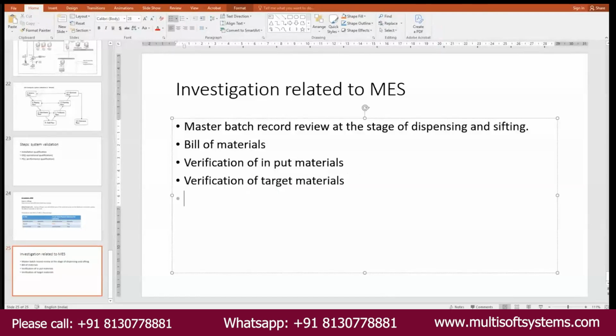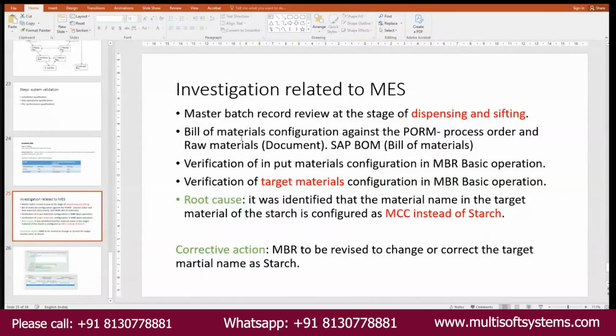Verification of input materials and verification of target materials. So first of all, I reviewed the master batch record at the stage of dispensing and the sifting stage.